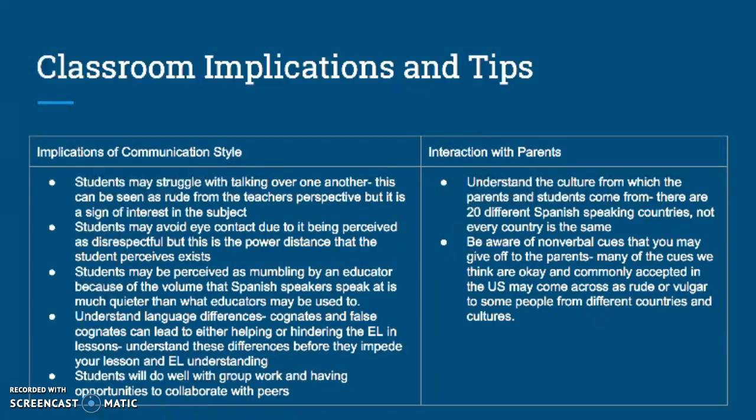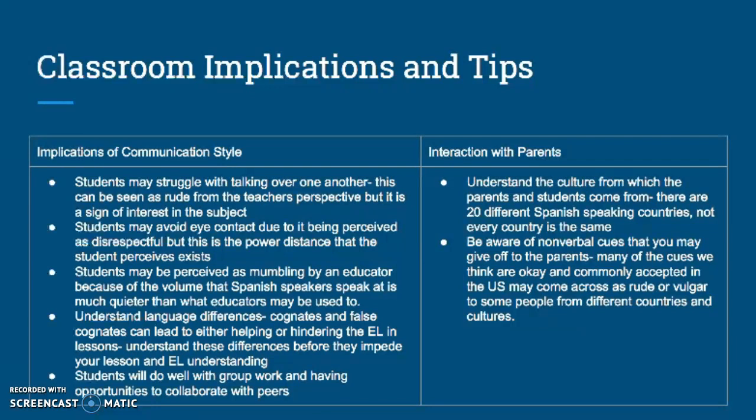Next, students may avoid eye contact due to it being perceived as disrespectful, but this is a perceived power distance that the student has. Students may be perceived as mumbling by an educator as well because the volume that Spanish speakers speak at is much quieter than that which educators are used to. Next, understand language differences.